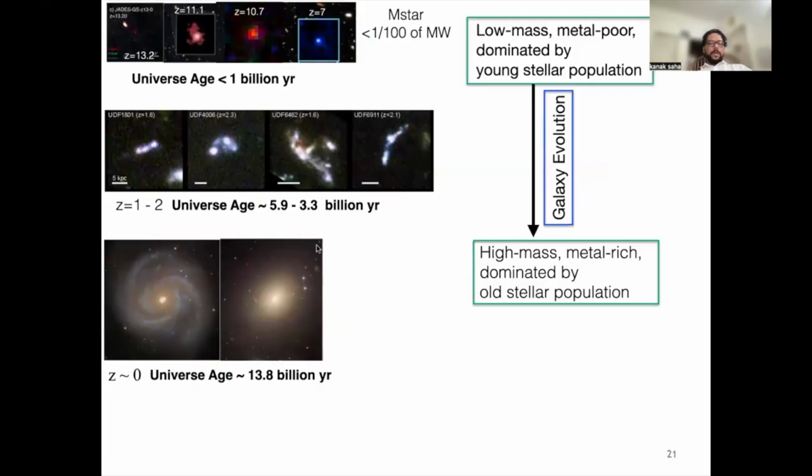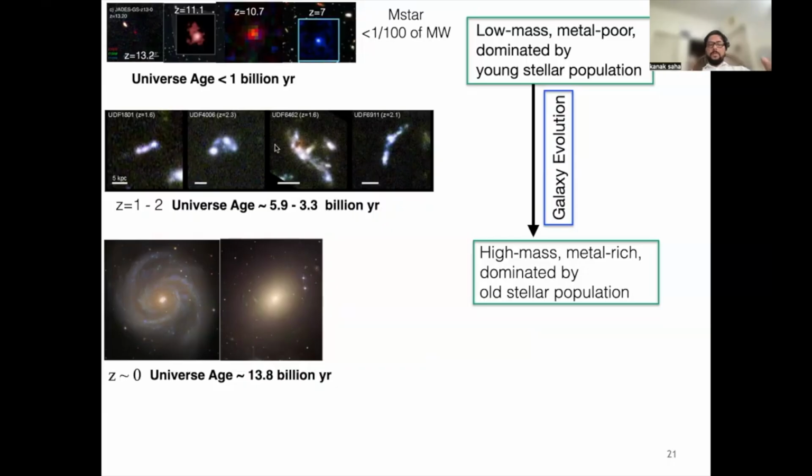Then we can look at the problem of galaxy evolution. Galaxies in the local universe are very matured, big and massive. If we look back into the early universe, for example at redshift 1 to 2, when the universe was about 6 to 3 billion years old, the galaxies look completely different.